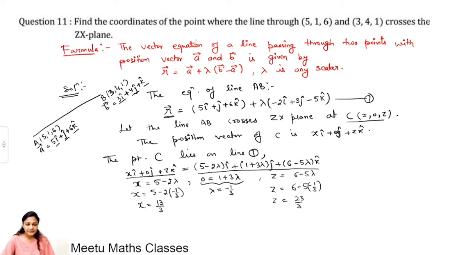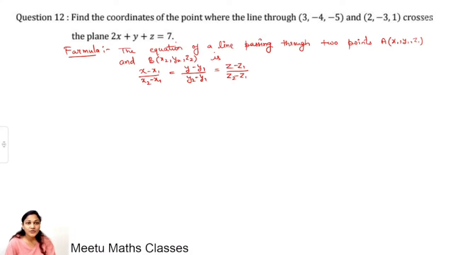So the required coordinates of C will be 13 by 3, 0, and 23 by 3.